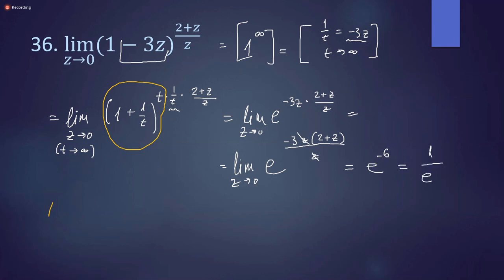Like this, so having to be a little bit careful because in this case we have to remember that z tends to 0. So when we are considering the exponent altogether, this expression altogether, remember that z tends to 0, which means it is already taken out as a separate factor in this case.